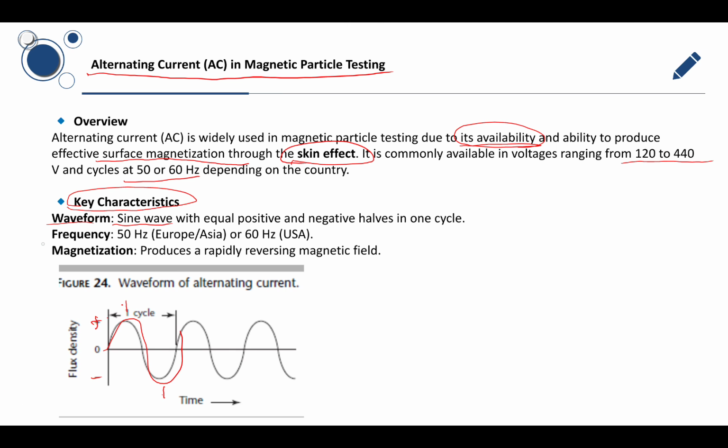Then frequency, commonly 50 Hz in Europe or Asian countries or 60 Hz in USA. Magnetization, it produces a rapidly reversing magnetic field, concentrating mostly on the surface, good for surface breaking flaws but limited for subsurface cracks.